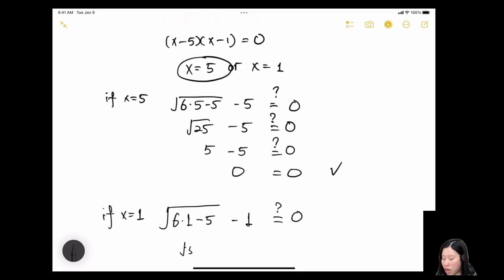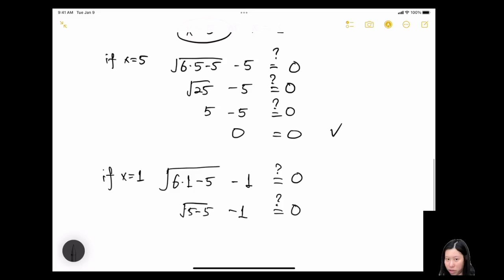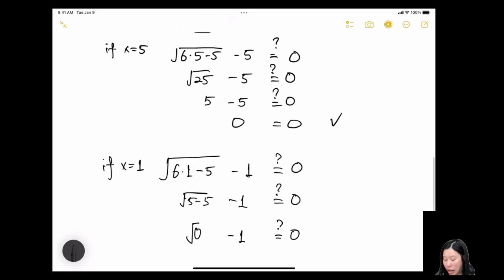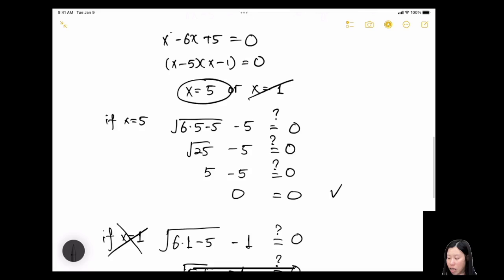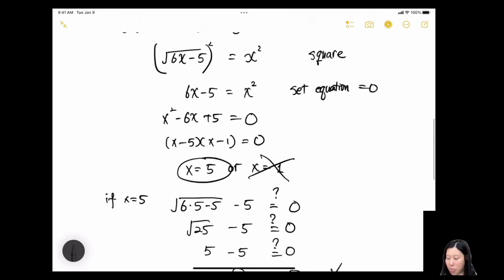And then I have the square root of 5 minus 5, minus 1, maybe equals 0. 5 minus 5 equals 0, the square root of 0, and then 0 minus 1 equals negative 1. And we know that negative 1 is not equal to 0. So that means x equals 1 is not the solution. So we cross this one out.